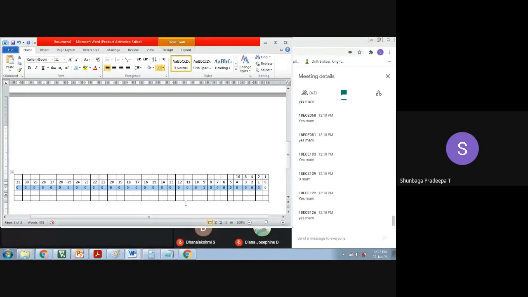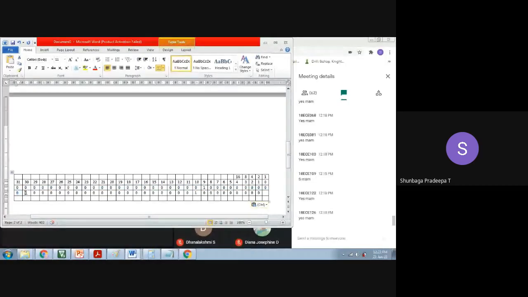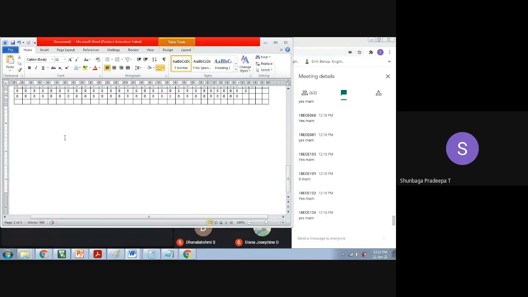So this data I am taking and shifting left, by 1 time. 2 times I have shifted. Third time I have shifted. Fourth time I have shifted. Fifth time I have shifted.